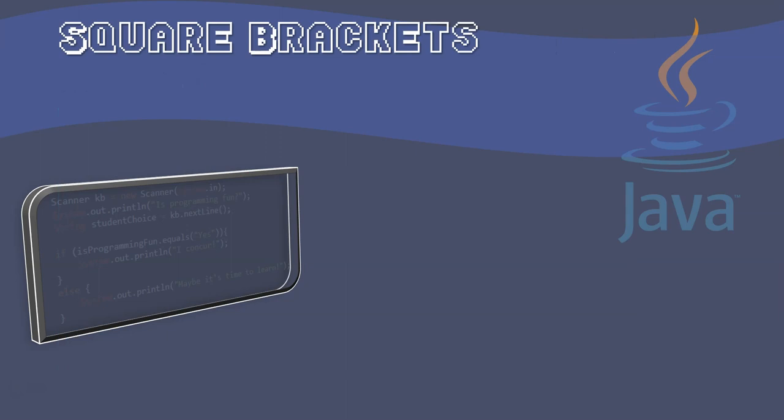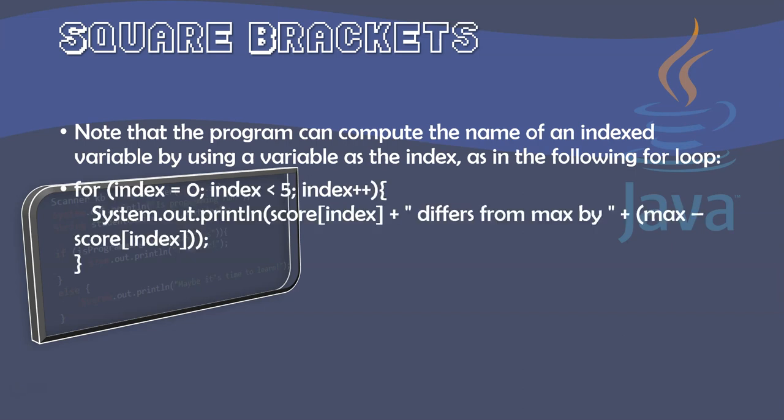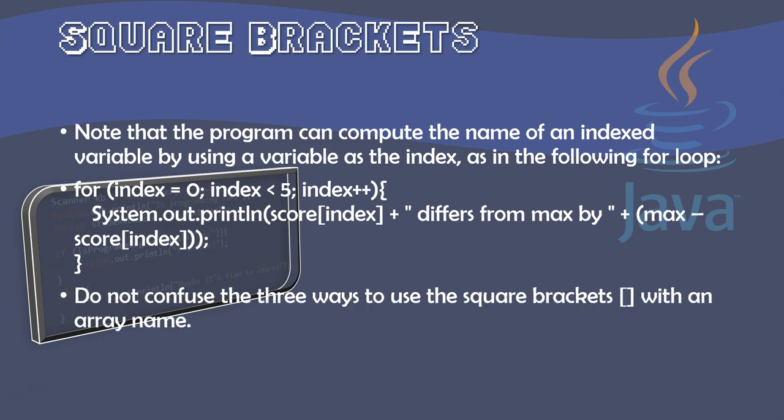Now, when we talk about these square brackets, this is a notation that's a little different from other things we've been doing. You'll note that the program can compute the name of an indexed variable by using a variable as the index, such as in the following for loop: for (index = 0; index < 5; index++) System.out.println(score[index] differs from the max by (max - score[index])).